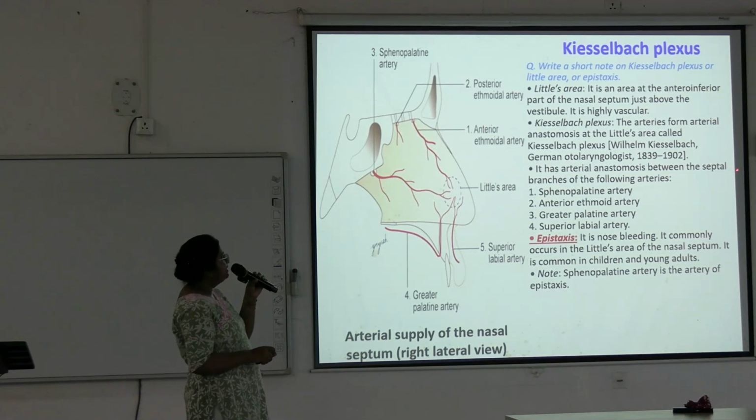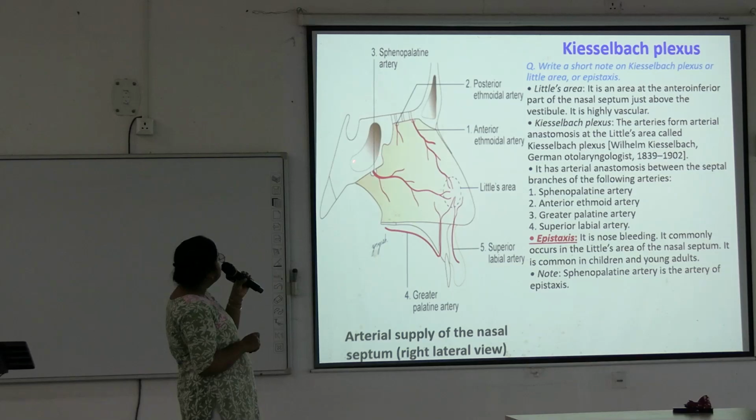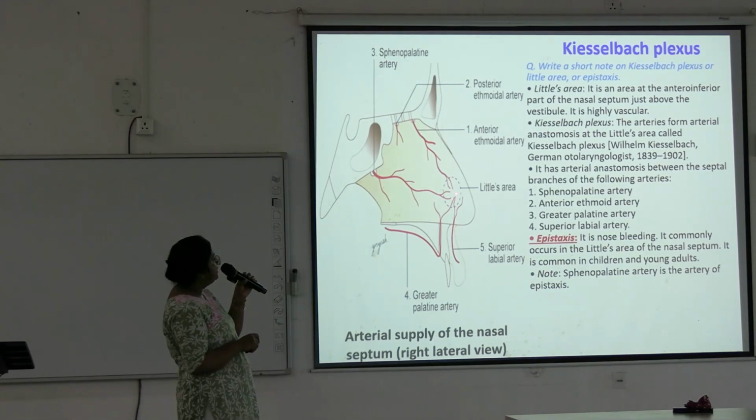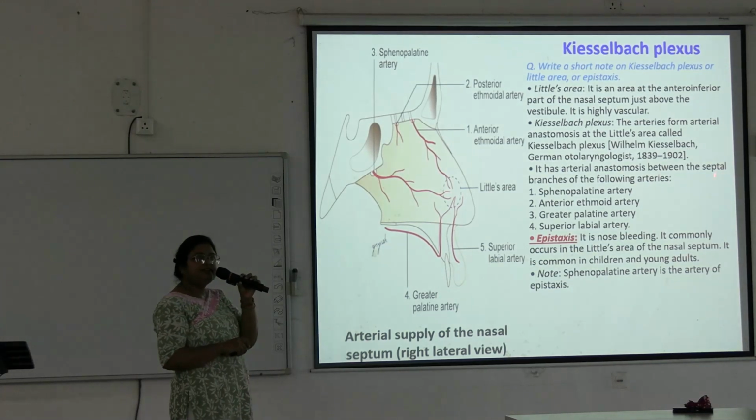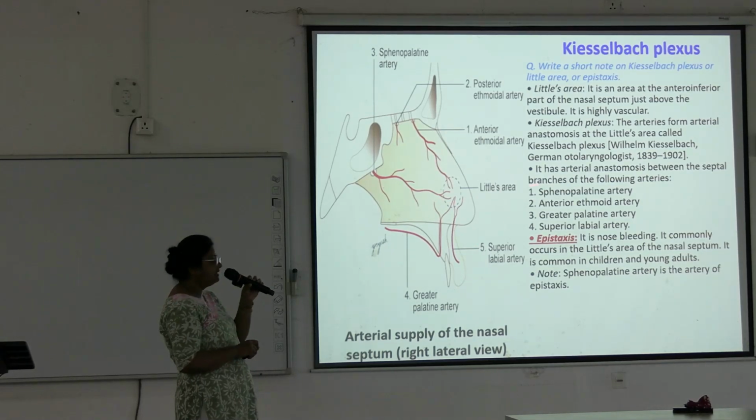And these are arterial anastomoses between the septal branches of the following arteries. See, the sphenopalatine artery is taking part, anterior ethmoidal artery, greater palatine and superior labial. These four are taking part in the anastomosis in Little's area. Posterior ethmoidal is not taking part.